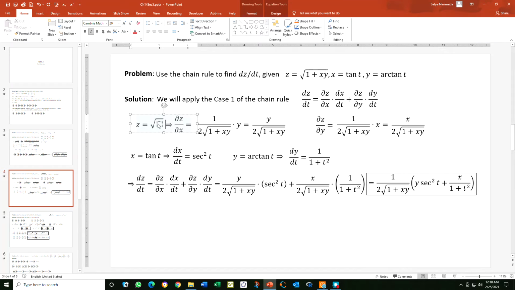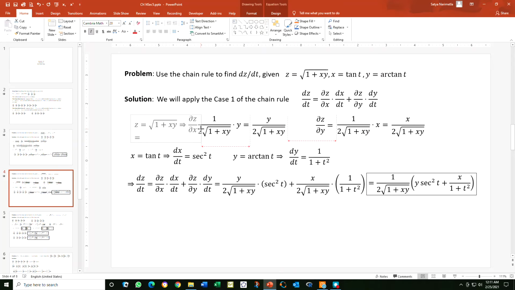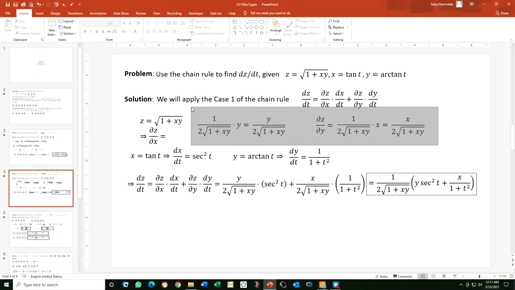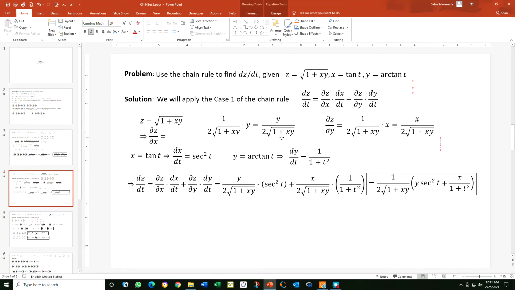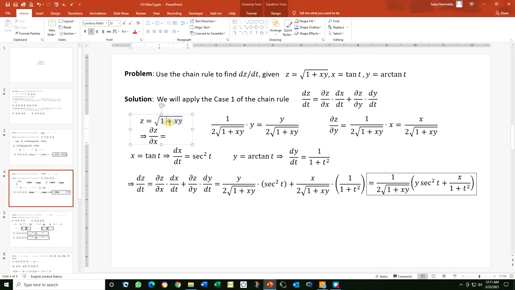Z is the square root of 1 plus xy. Right? Okay. Oh man. I need to move all these guys to the right. Okay.